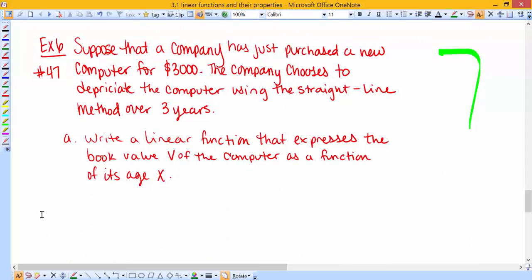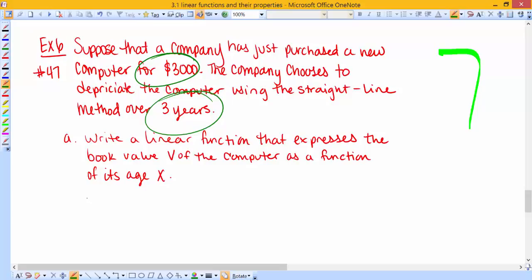All right, last example. So we have a company that's buying computers, and the computer starts at $3,000. And they're going to depreciate, which means the value of the computer is decreasing over 3 years. So a straight line method means by 3 years, the computer is worth no money.